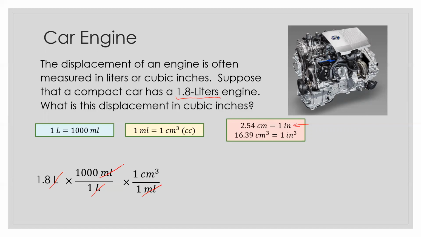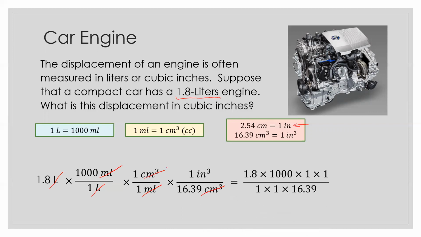And then from cubic centimeters, we will go to cubic inches, okay? Then, if you throw that into your calculator, you should get roughly 110 cubic inches. And that is the size of that 1.8 liter engine.